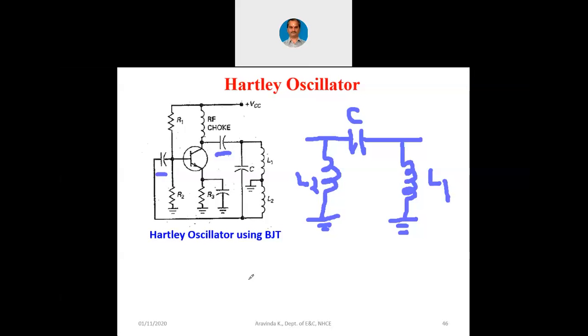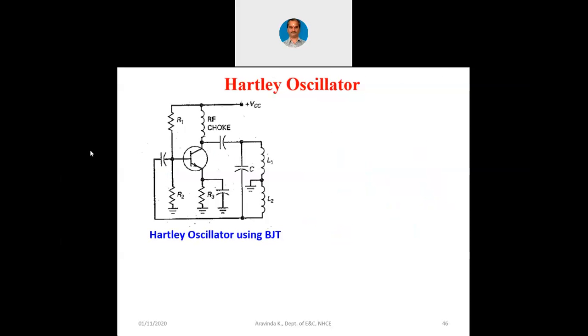And the formula is also the same, 1 over 2 pi root of L equivalent into C. Now L equivalent is nothing but L1 plus L2. Why? Because these inductors are in series now. Even though there is a ground there, with respect to output and input, they are in series now. When they are in series, L equivalent is equal to L1 plus L2. Otherwise, everything else is the same.